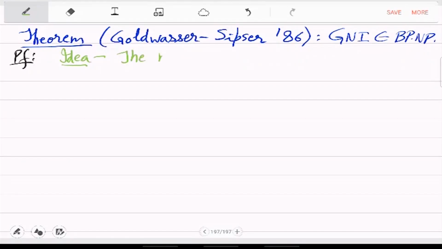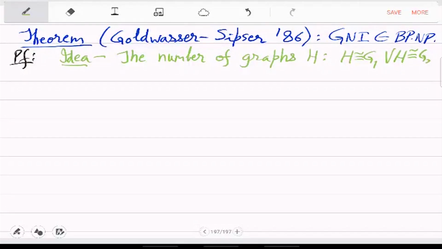So let's use that. The number of graphs such that each is isomorphic to G1 or G2, okay, so each is isomorphic to one of them.